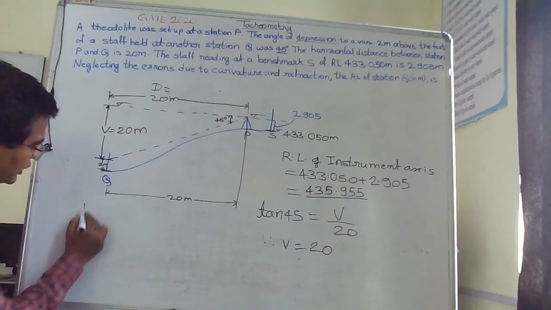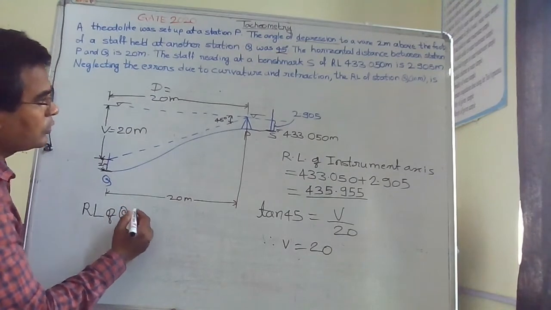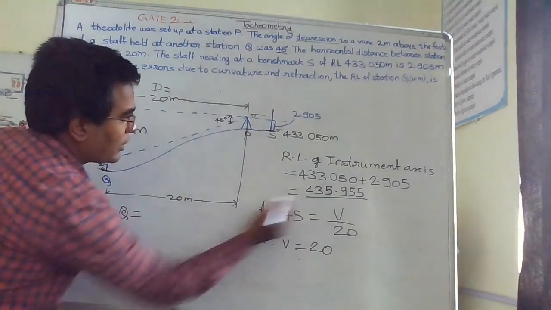So, RL of point Q is equal to, what is the RL of instrument axis?